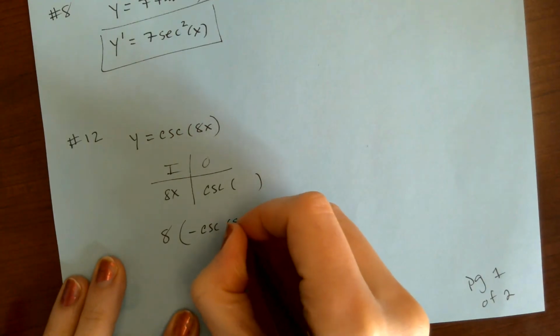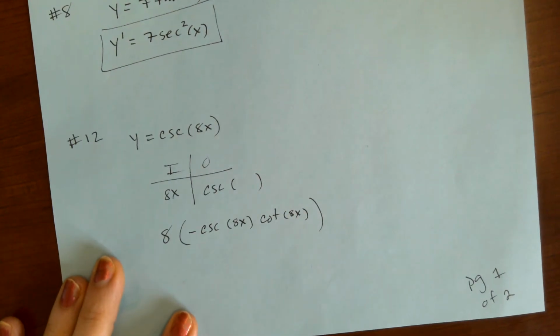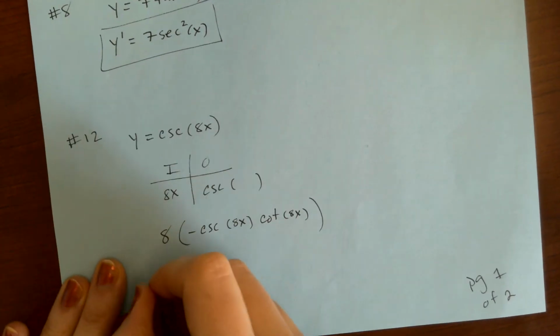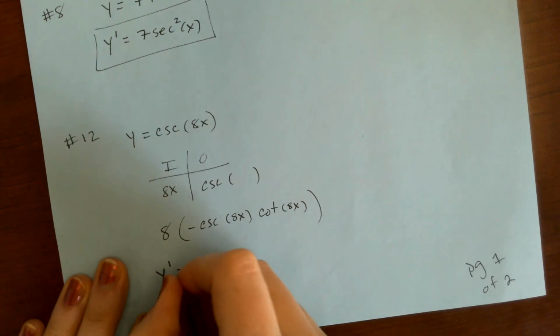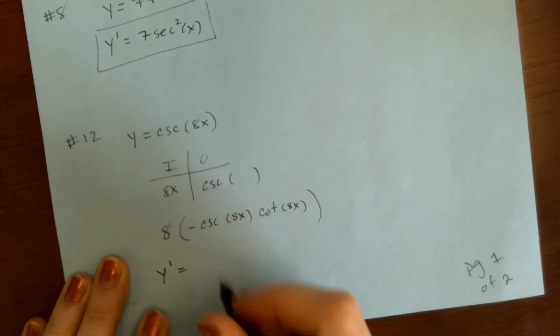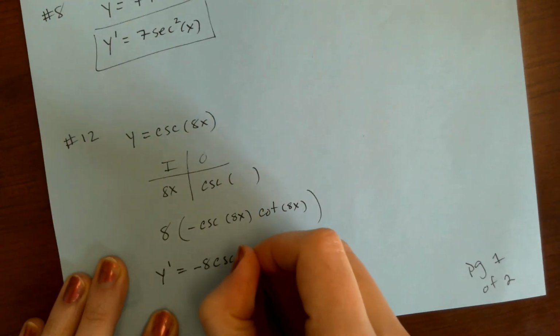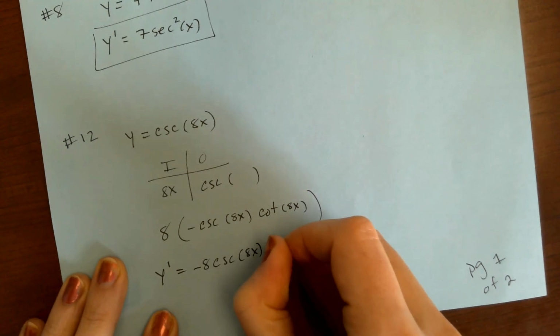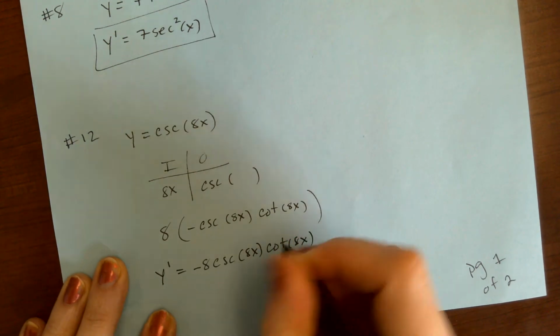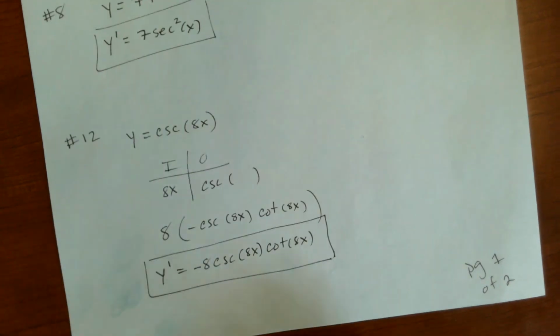So 8x is going back in both of those. I definitely wanted to do an example like that because first you have one blank and then you have two, but it's the same inside that's going back in them. So this is negative 8 cosecant of 8x cotangent of 8x. All right, just 2 more examples.